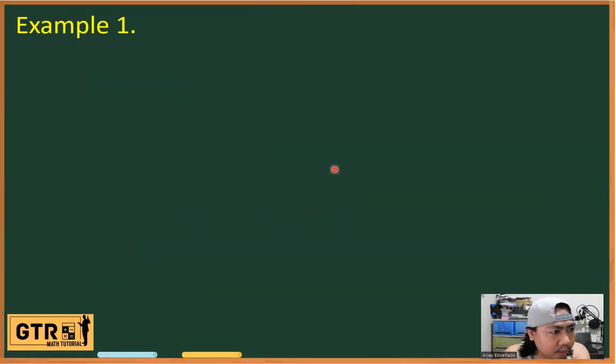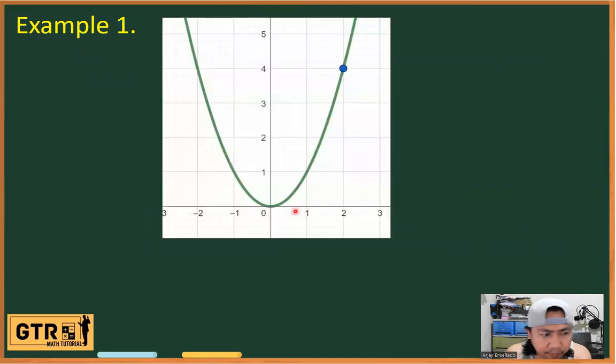Okay, so example number 1. This is the graph of y equals x squared. Ayan, parabola that opens upward.